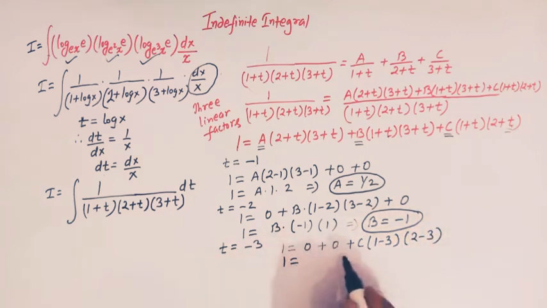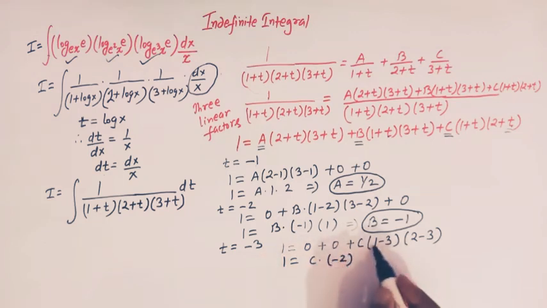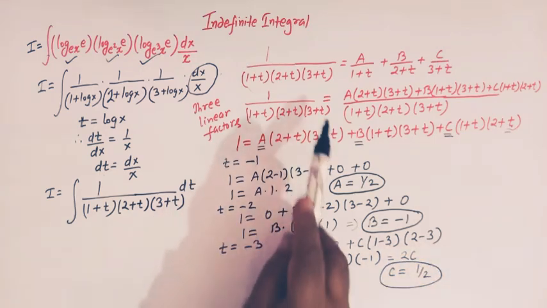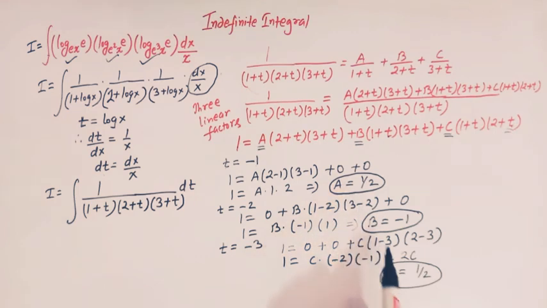So we have 1 is equal to c times minus 2, 1 minus 3, 2 minus 3 is minus 1, and so therefore here we have minus minus plus, so we have 2c, and c is equal to half, right? So viewers, here we have obtained the values of the constants a, b and c.